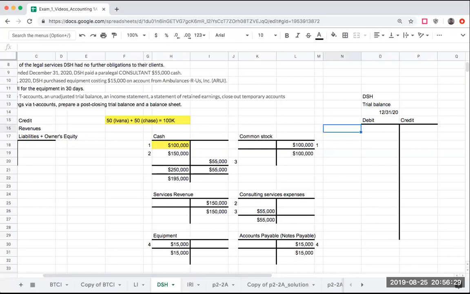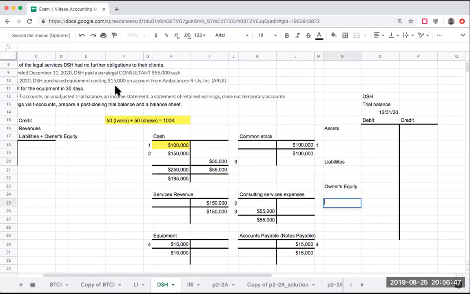Okay. So what I'm going to do right here is list down my assets. Got my assets, and I'm going to have my liabilities. I'm going to have my owner's equity.